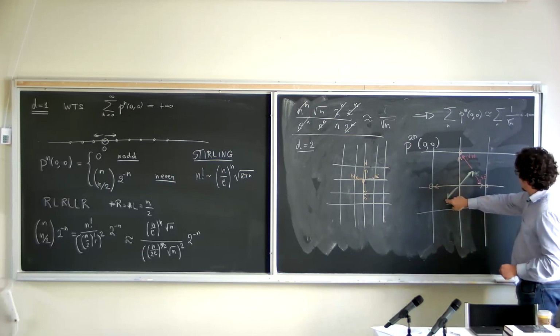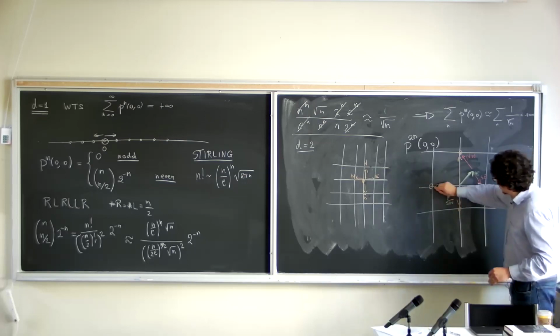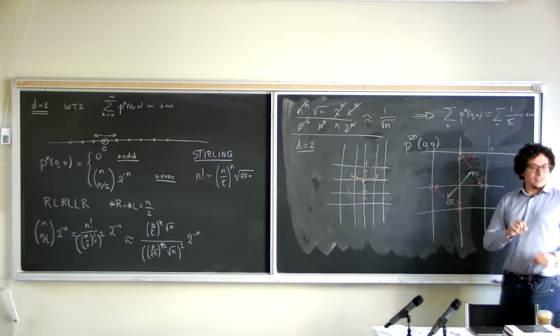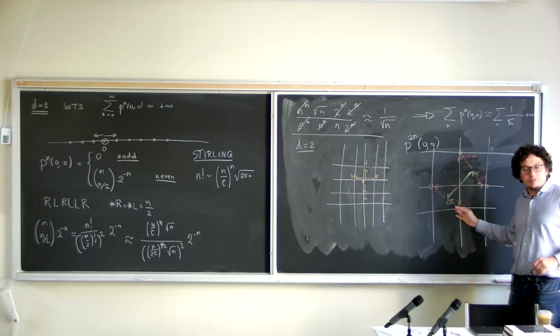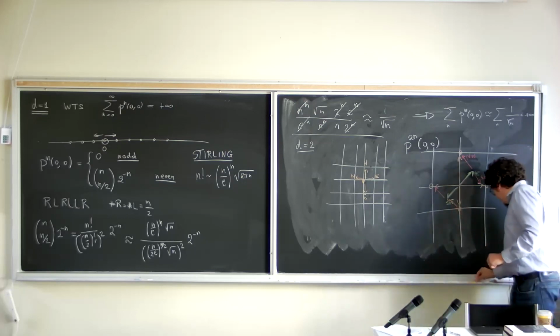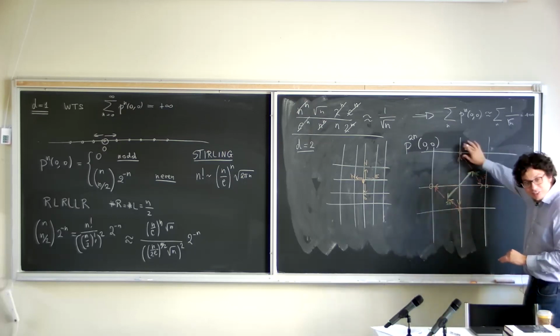And of course, if the first move was here, then the second one is like this. We don't have a Pokemon to show this, but we can imagine Slowpoke that goes around.